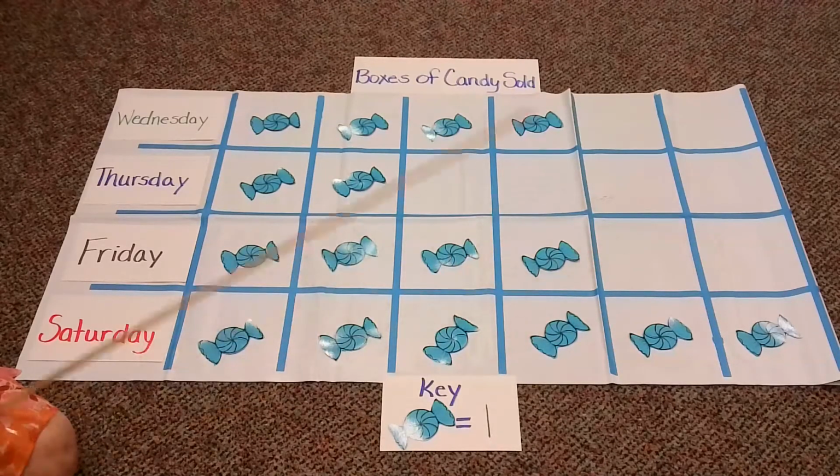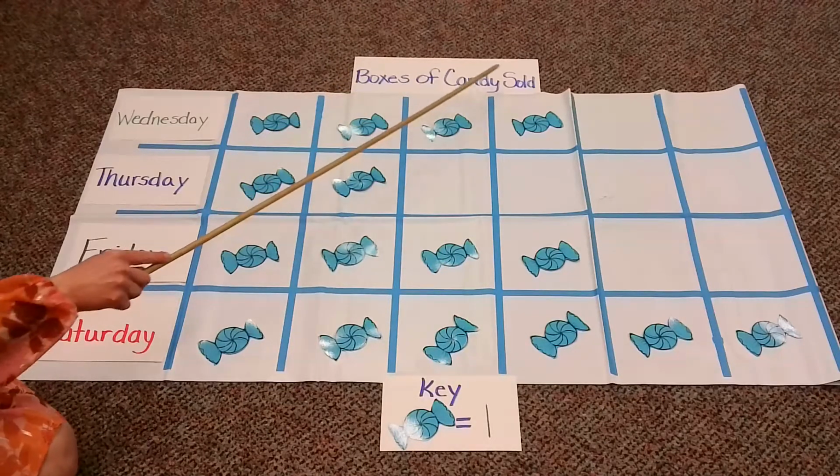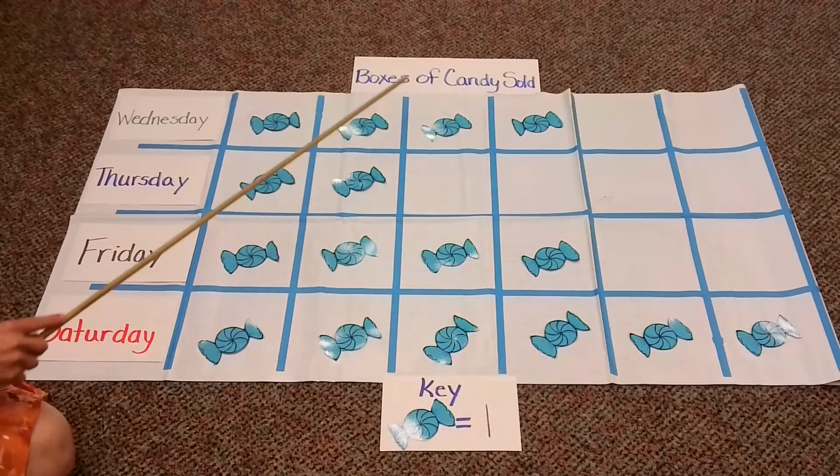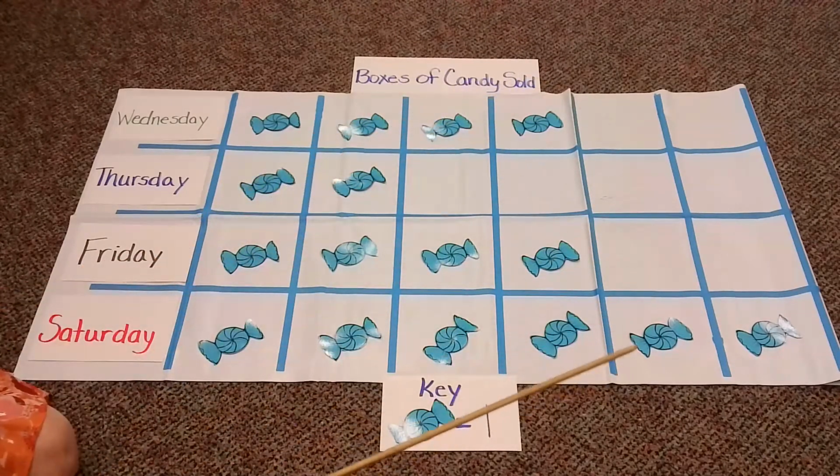So this particular graph is talking about boxes of candy sold. Whether it's boxes of candy sold at a candy shop, or maybe an organization that is selling candies for a fundraiser, it all depends. It could go either way. But definitely it's talking about boxes of candy sold.